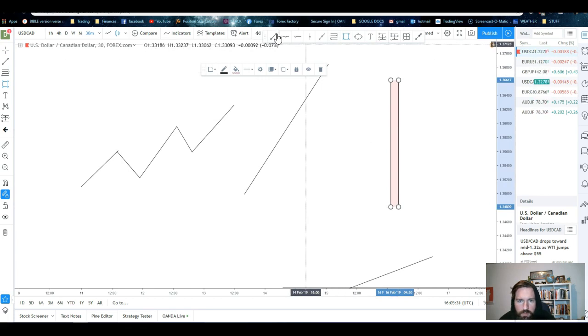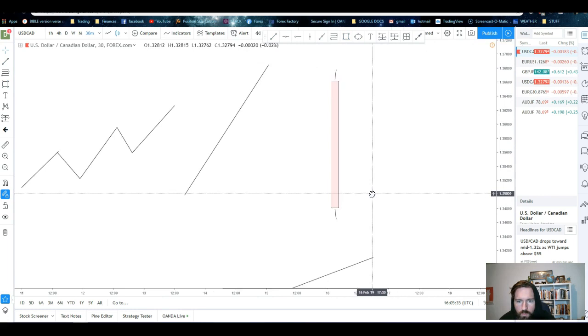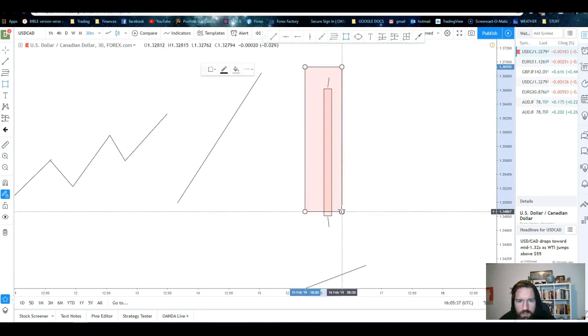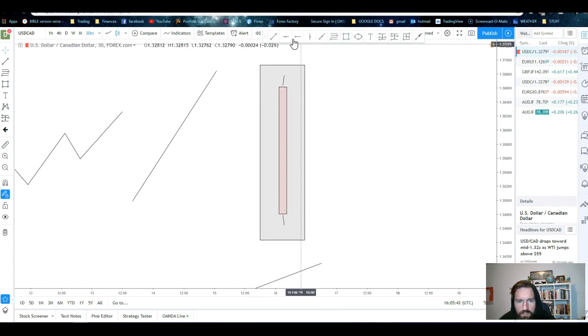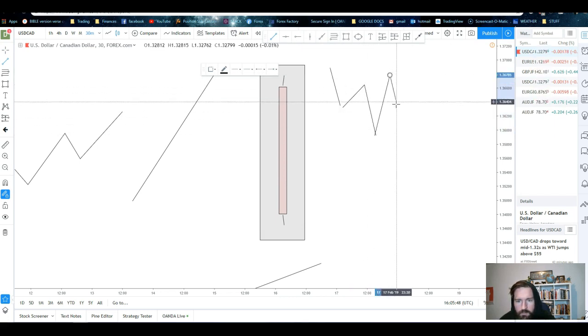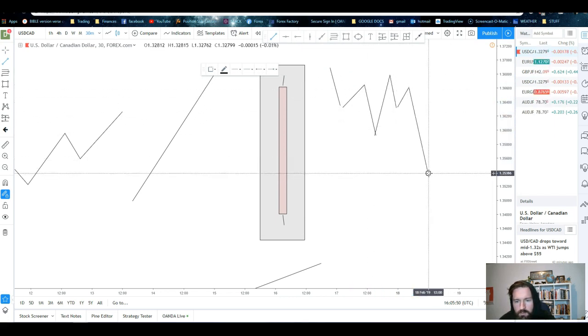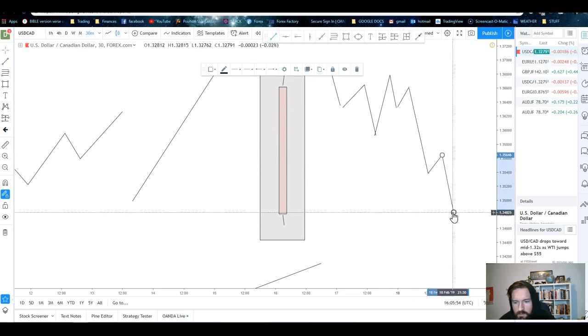If it's a big bearish candle, it's going to look more like this, so maybe that is your daily candle. All right, what's that going to look like on the lower time frame? Well, an hourly chart may look like this, to the point where we push down to the lows.